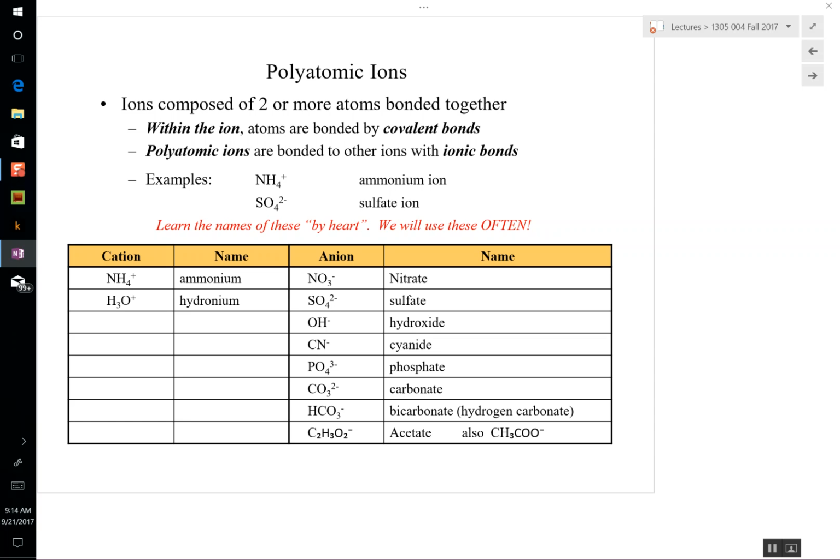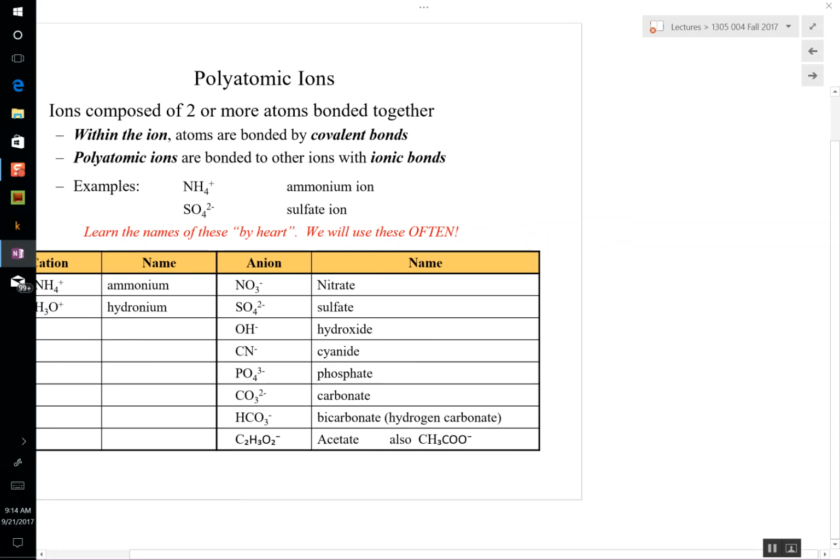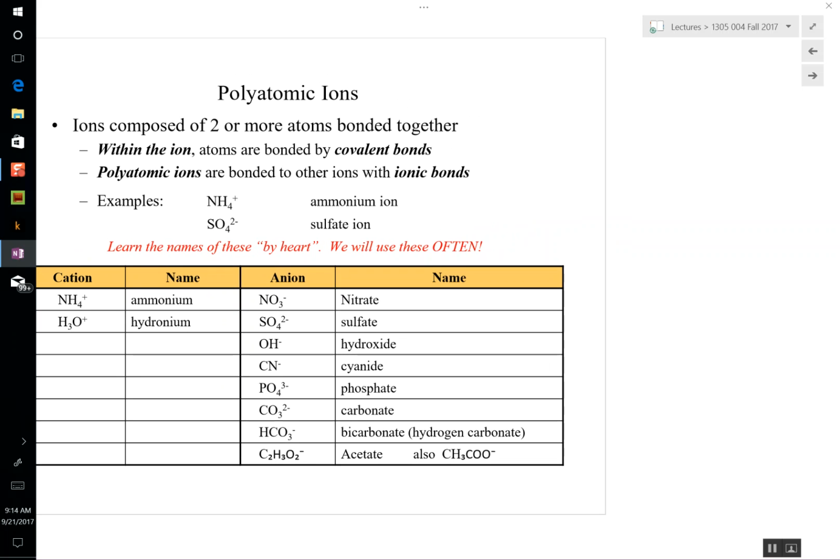Let's look at the hydroxide, an OH with a negative charge. So if I had a compound that was sodium hydroxide, all right, if I gave you that name, what you would do is write the symbol for sodium.